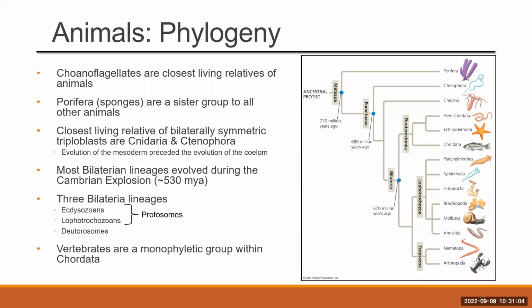The tricky thing here that you may or may not actually encounter is this word protostome. Actually, that's spelled wrong. But anyways, it's a word that when I took this class in 2018, we called the ecdysozoans and lophotrochozoans the protostomes.